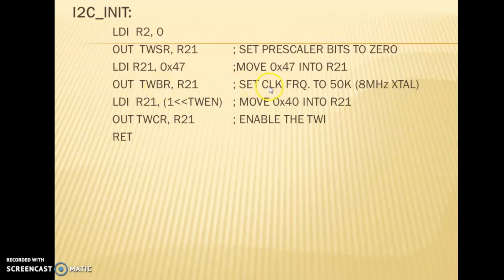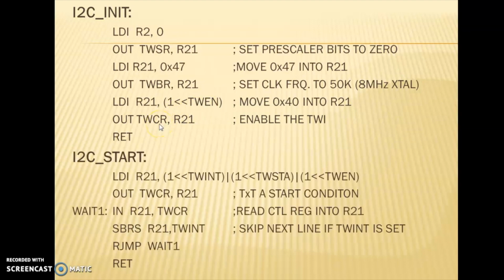So we calculate to set the clock frequency to 50 kilohertz for an 8 megahertz clock frequency. We find this 47 from the equation given for the TWBR, and that value is moved to TWBR. Then we are turning on the I2C device for transmission. It is moved to the TWCR register.